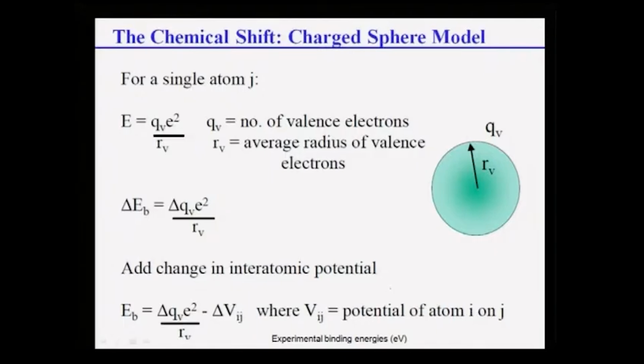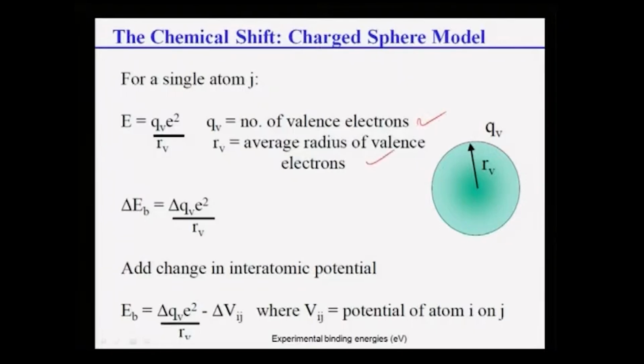For a single atom which has a certain number of electrons, the electrostatic potential is given by Coulomb's law, q_v into e squared divided by r_v. Here r_v is the average radius of the valence electrons, and q_v is the number of valence electrons.